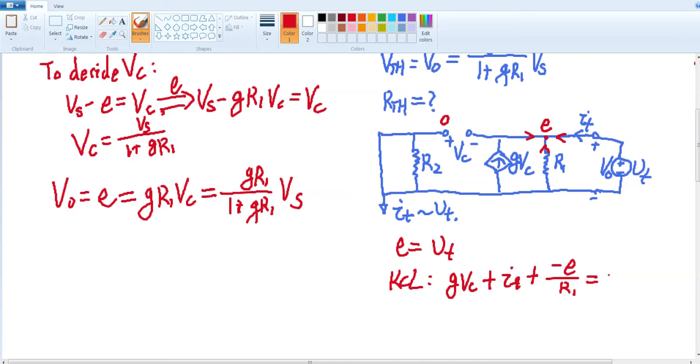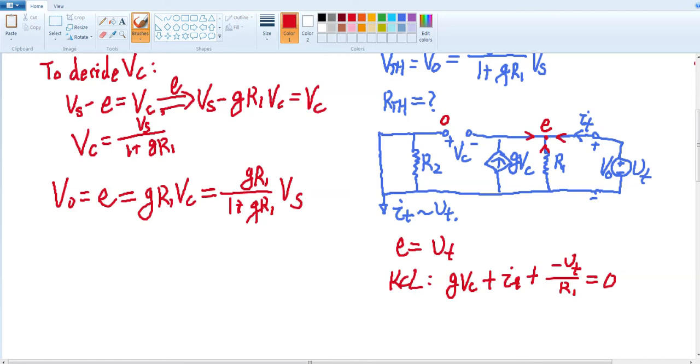So we get this should be equal to 0. Since we know E is equal to VT, we can directly replace E with VT. So let's do it. This is directly represented as VT.